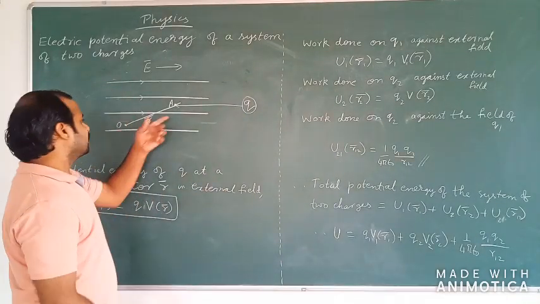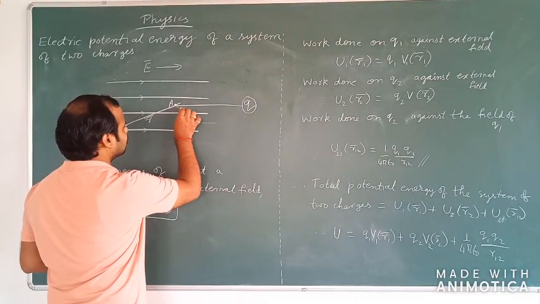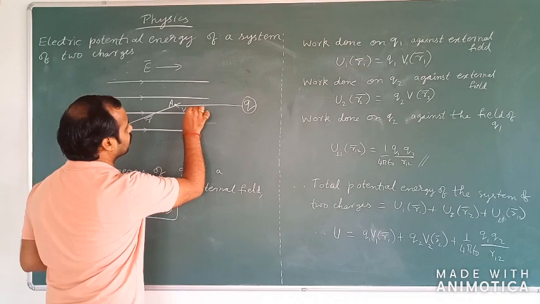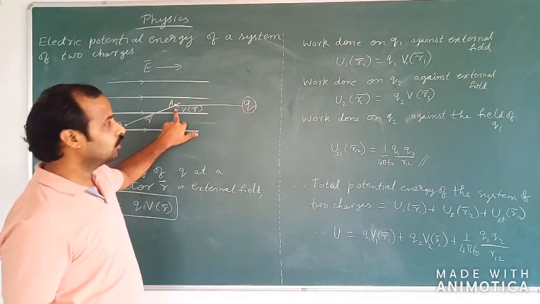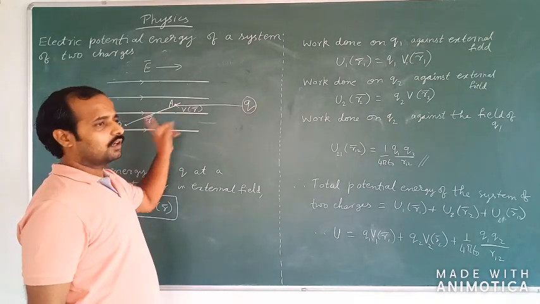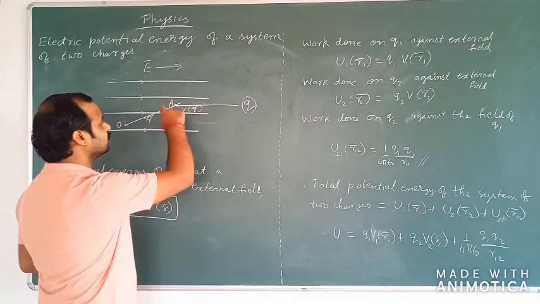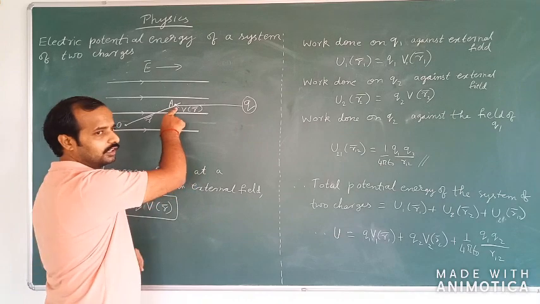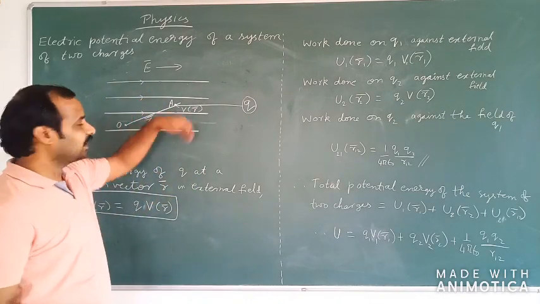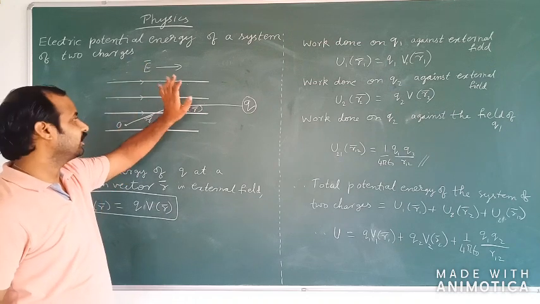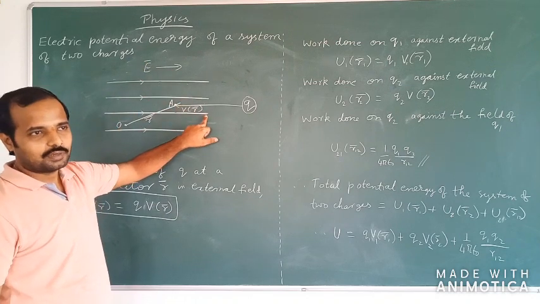Since the electric potential is a position dependent quantity, we can write it as V of r bar at position A. So the amount of work done in bringing a unit positive test charge from infinity to a point A within an external electric field can be given as V of r bar.